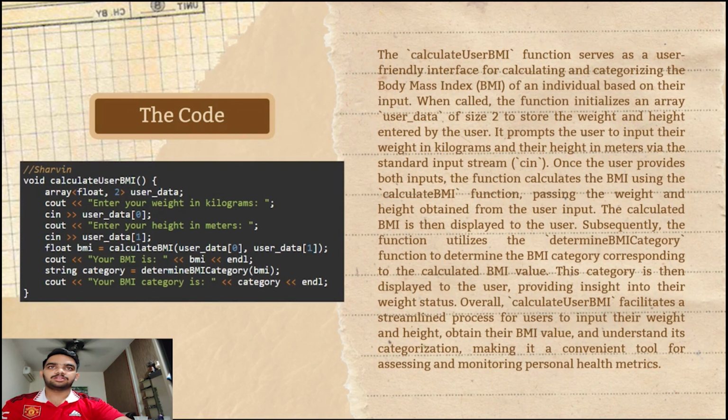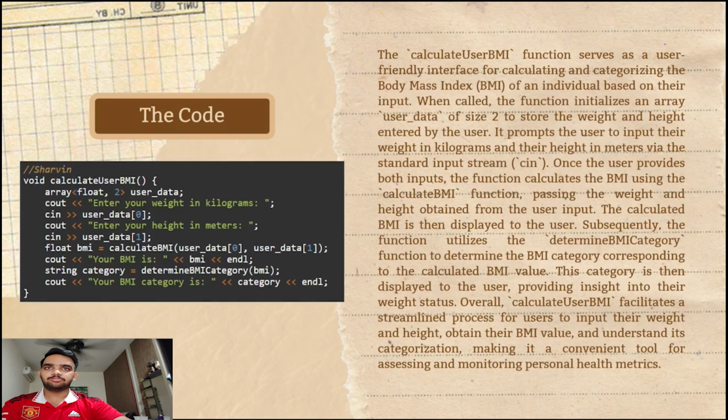It prompts the user to input their weight in kilogram and their height in meter via the standard input stream cin. Once the user provides both inputs, the function calculates the BMI using the calculate BMI function, passing the weight and height obtained from the user input. The calculated BMI is then displayed to the user.